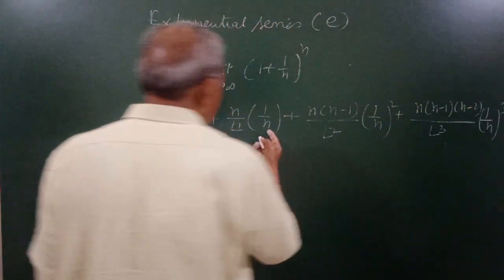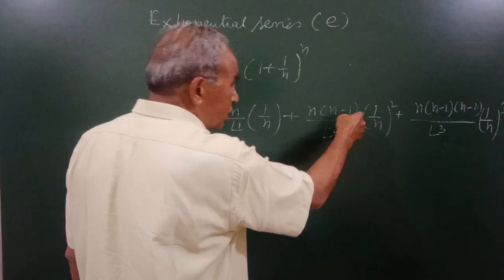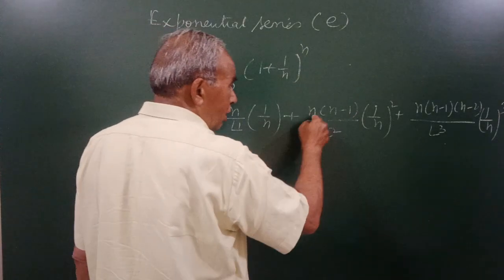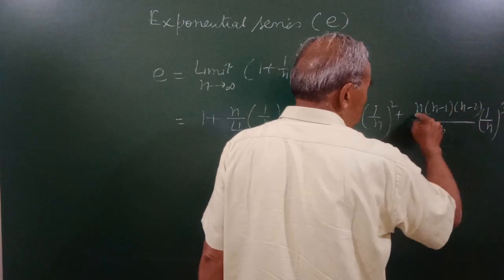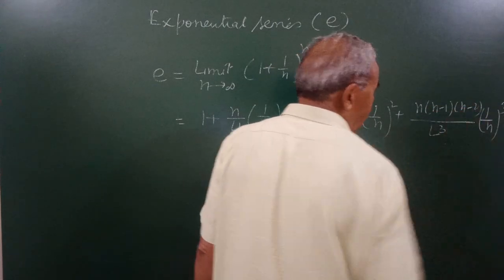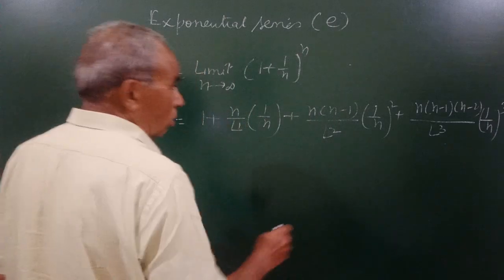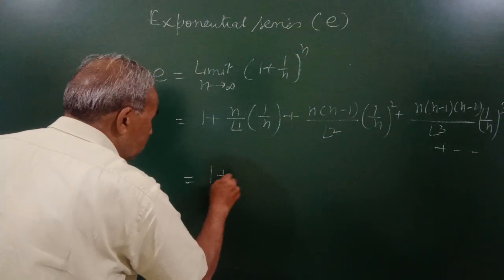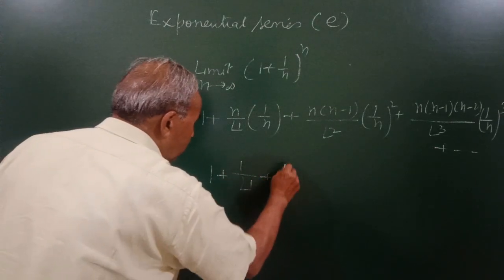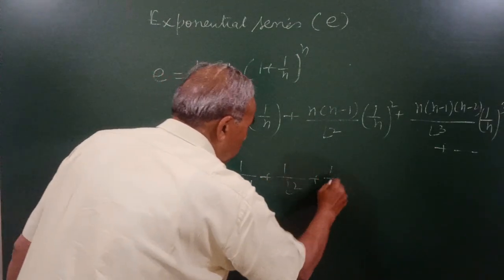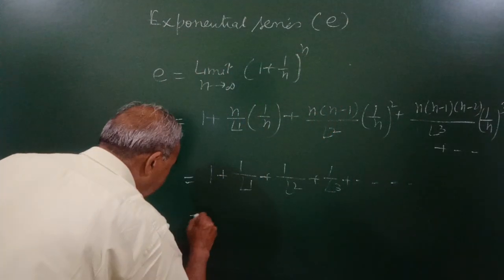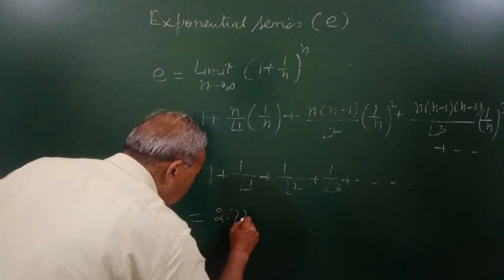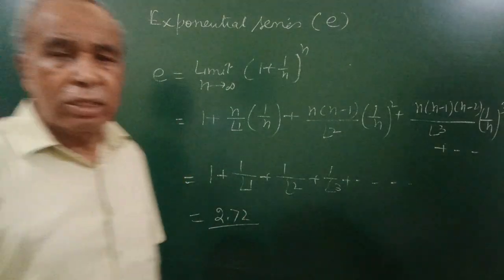Now you know, here n gets cancelled, but here n is much greater than 1, so 1 is negligible compared to n, and n square gets cancelled. Here n is much greater than 1 and 2 both. It becomes n into n cube, 1 upon n cube. Finally, we can add 1 plus 1 upon factorial 1 plus 1 upon factorial 2 plus 1 upon factorial 3, and so on. And finally, when we add, it comes out to 2.718.